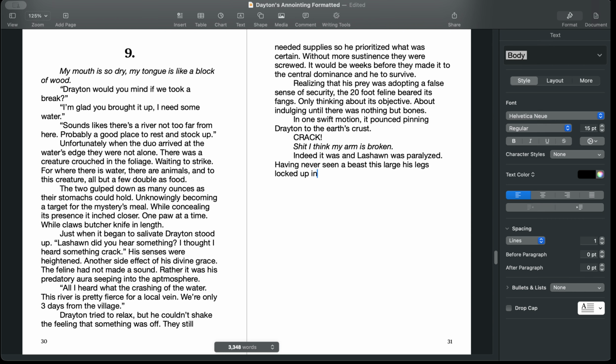I might just say his legs locked up. His heart raced with adrenaline.